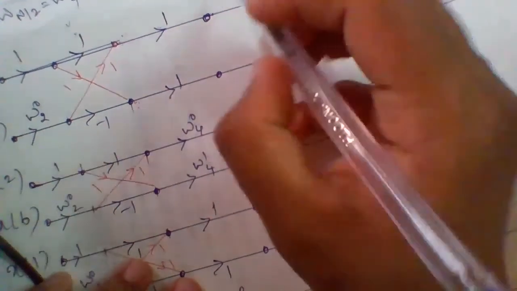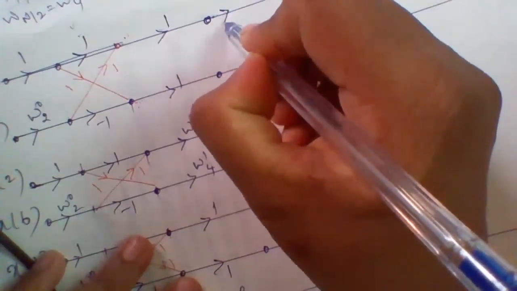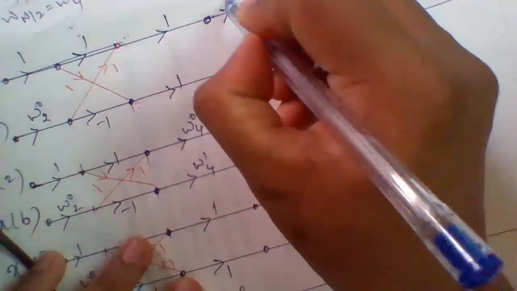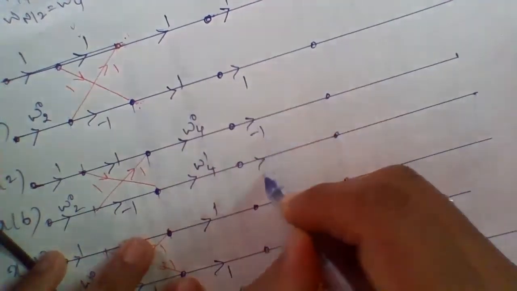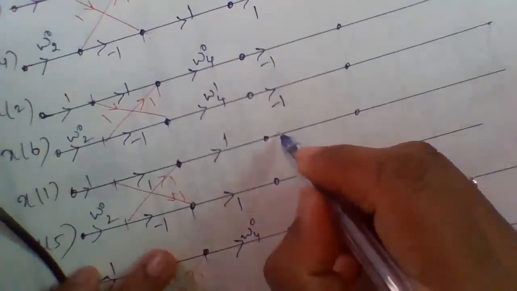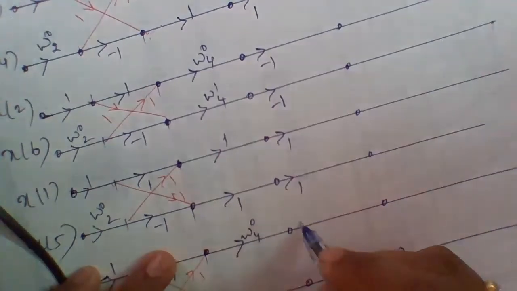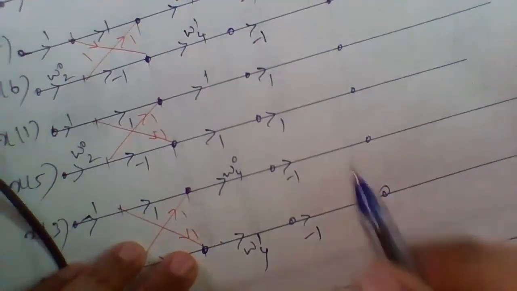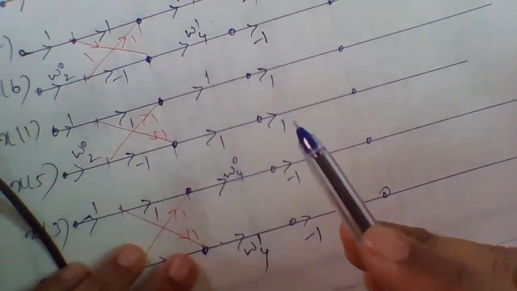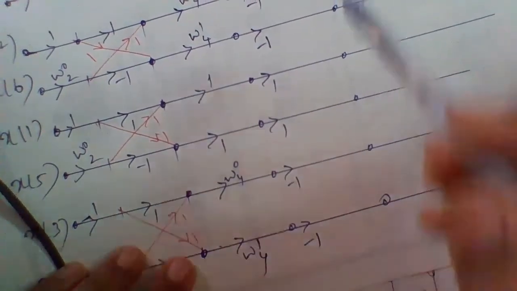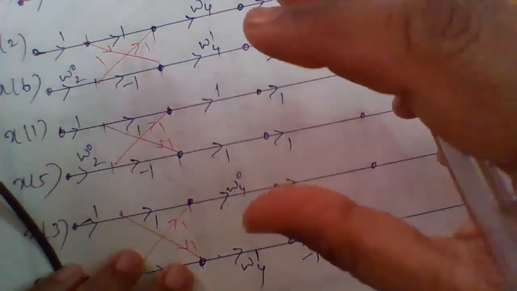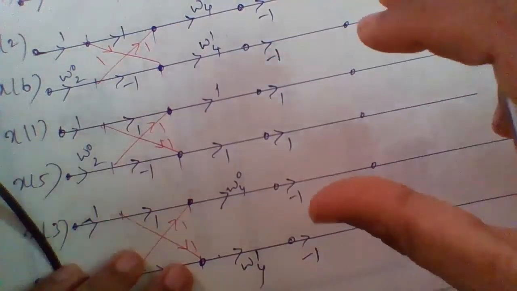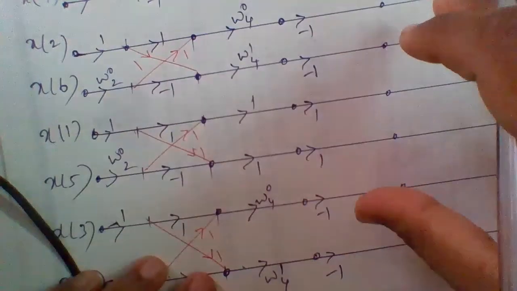Therefore the second stage has 1, 1, 1, 1, then minus 1, minus 1, minus 1, minus 1. Similarly here 1, 1, minus 1, minus 1. We have drawn the second stage signal flow graph individually, and the same graph is now attached with the first stage outputs also.